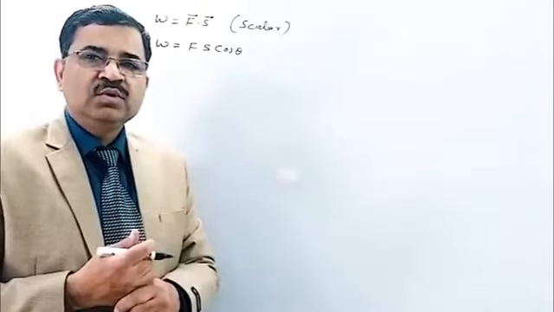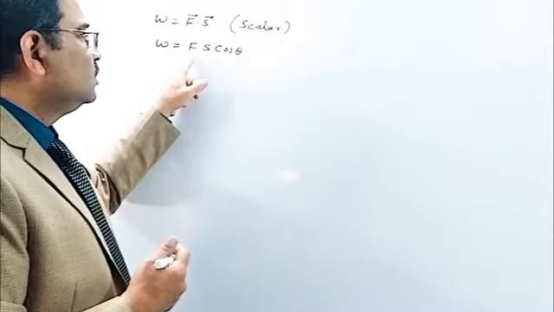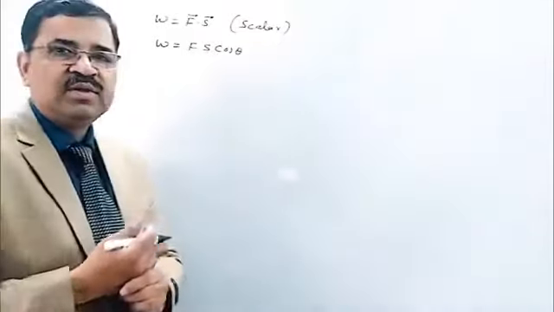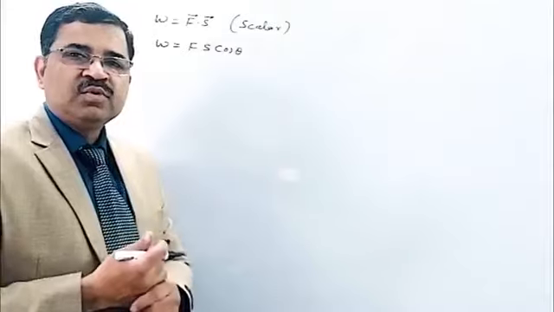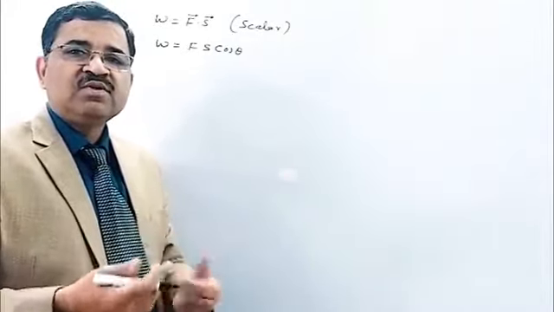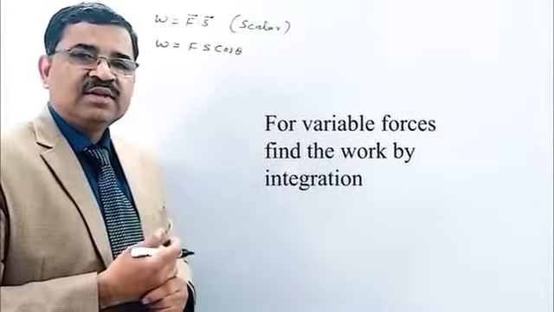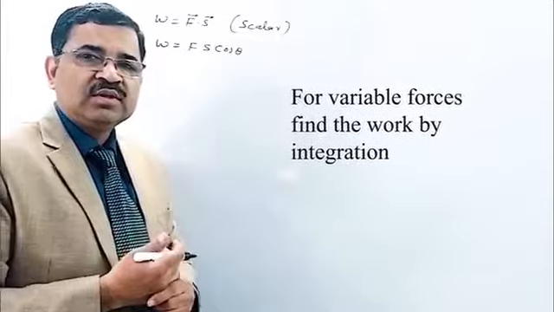And one more thing we should remember, that this formula is applicable when the force remains constant throughout the displacement. And if the force is not constant, it is a variable force which is given as a function of position, meaning if force changes with position, then in that case we have to use integration.